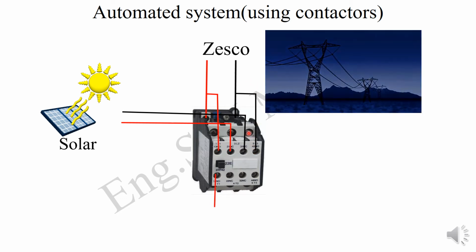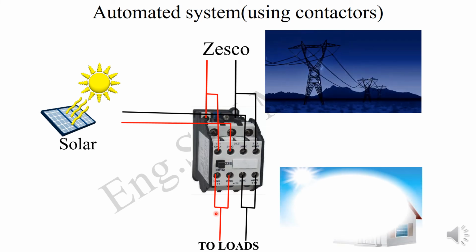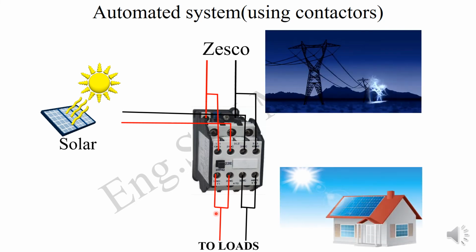On the outputs there, you bridge the normally open output of your Zesco supply and the normally closed output for your solar together, and that terminal will give the load. You do the same for the neutral. The normally closed of our solar and the normally open from our Zesco, jump them like that, and that is going to feed our load, which would be a house, for example.